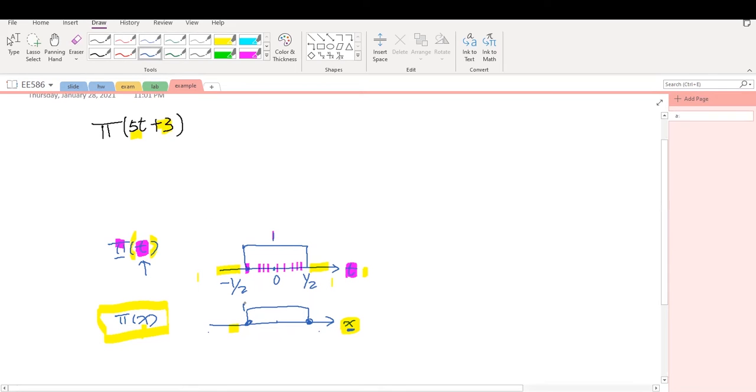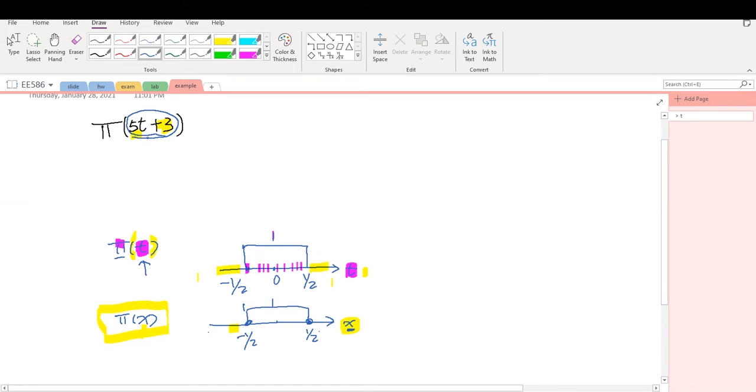These two functions, if we look at the shape, the graph, are exactly the same. Here is minus half, this is half, and this is magnitude 1. Now, the whole thing in the bracket is the argument.